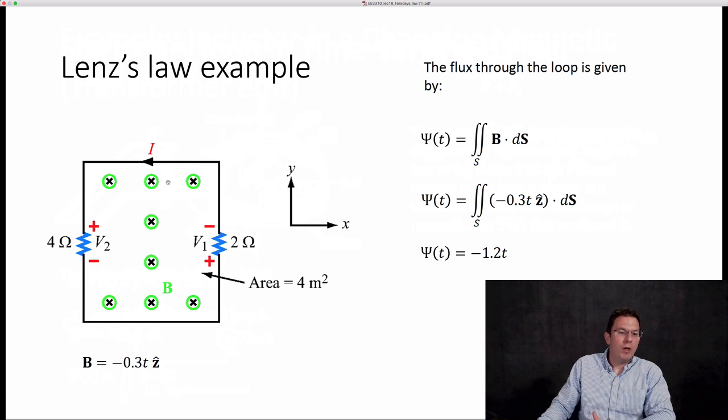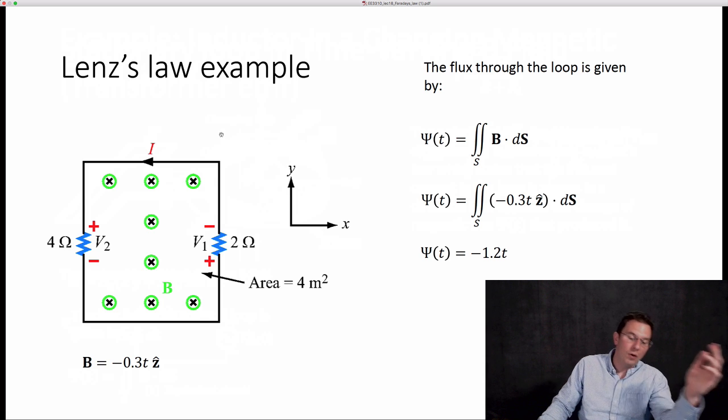We know that around this loop there is going to be a voltage that develops because this magnetic field is varying with time.